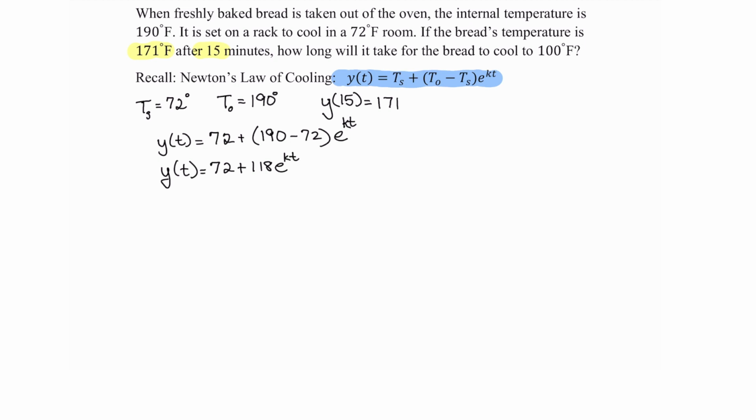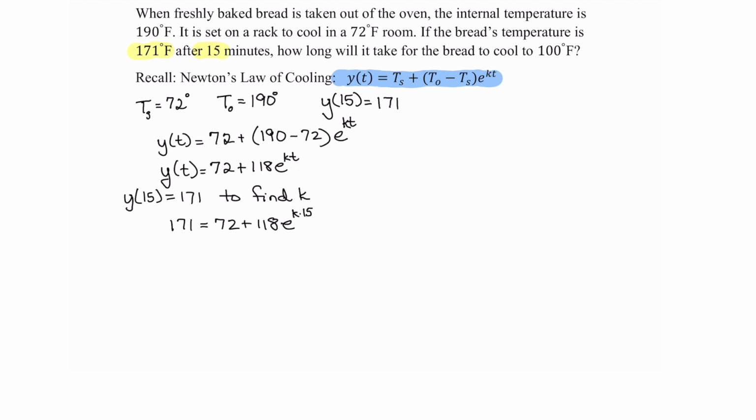So we want to now use our y of 15 is equal to 171 to find k. So the 171 is the output, so that's on the left side of the equation. So I have 171 is equal to 72 plus 118 e to the k times t, so that's 15 minutes.